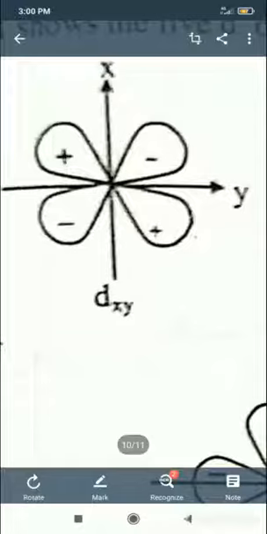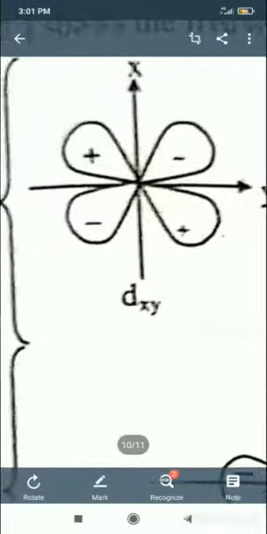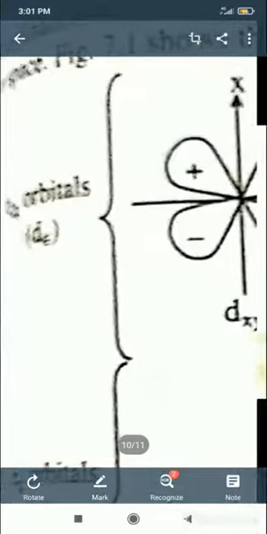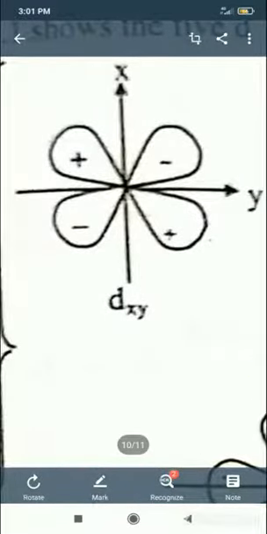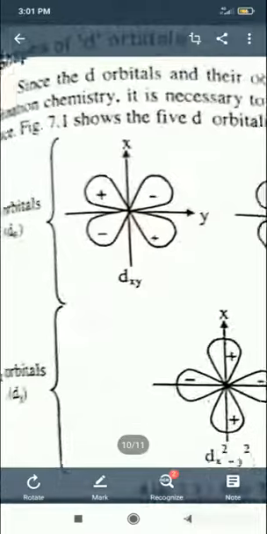When the lobes are in between the coordinates x and y, the probability of finding the electron is in between the x coordinate and y coordinate, and this type of position is known as dxy. Lobes present in between the x and y coordinates are termed as dxy.